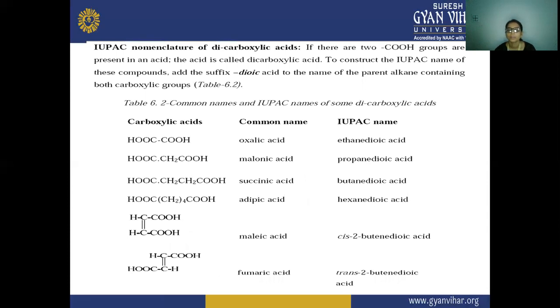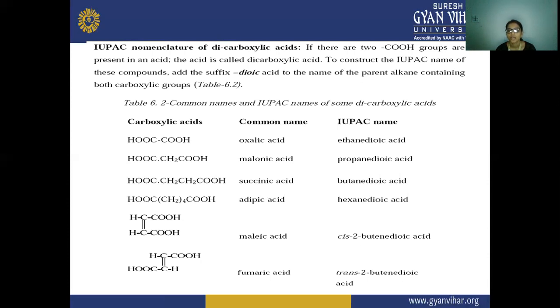Next, the IUPAC system nomenclature of dicarboxylic acid. Those were examples of monocarboxylic acid, and these are examples of dicarboxylic acid. If two COOH groups are present in an acid, the acid is called a dicarboxylic acid.